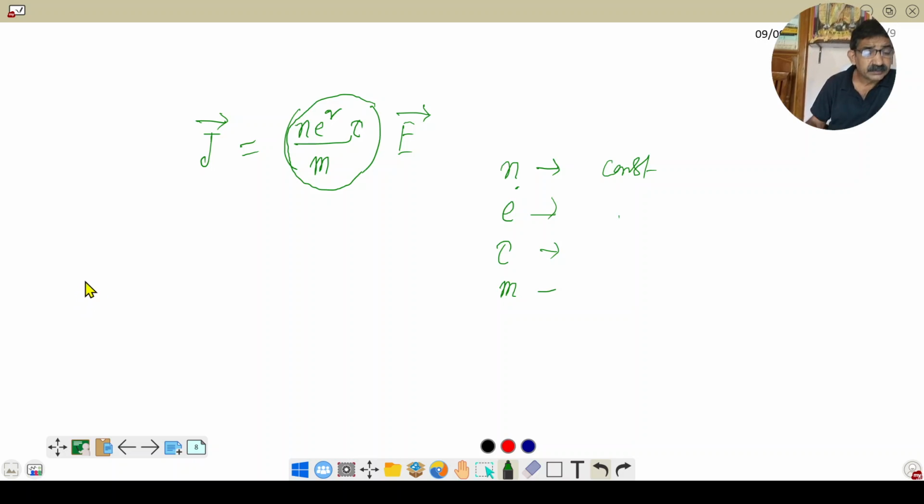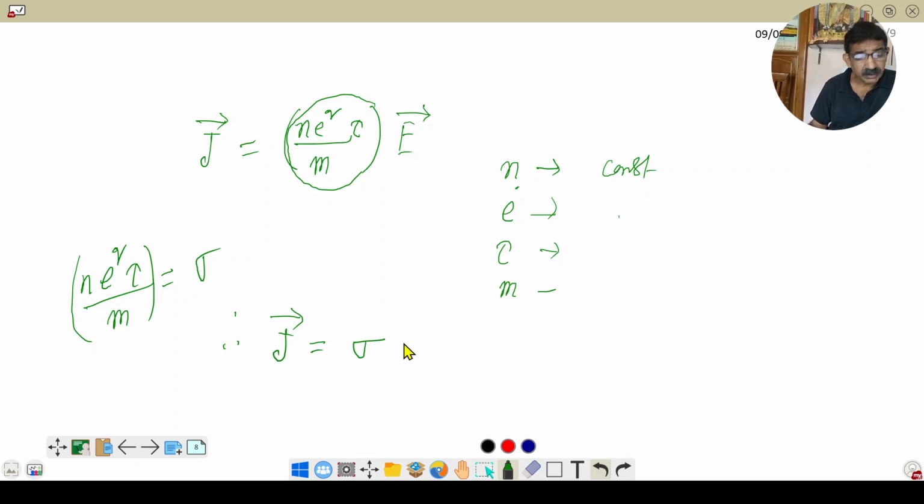This n into e square into tau by m, all the constants are taken to be another constant sigma. Hence, the current density J is equal to sigma into E. Actually, this is the original expression for Ohm's law.